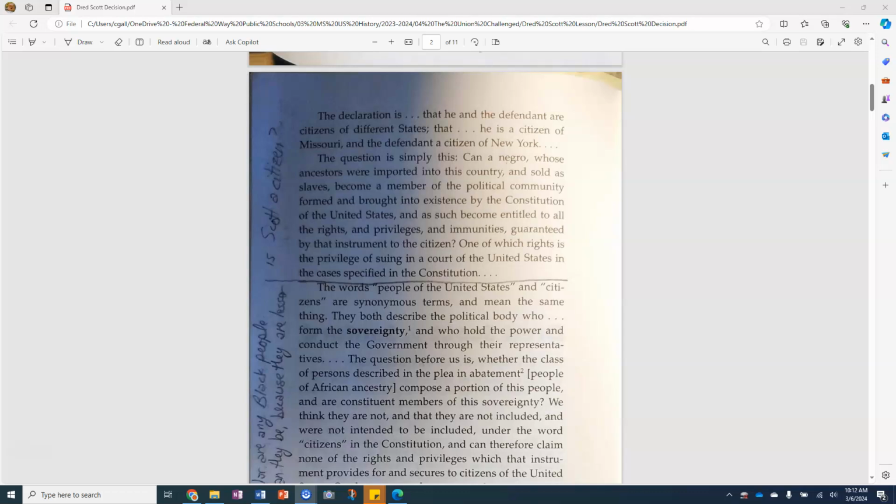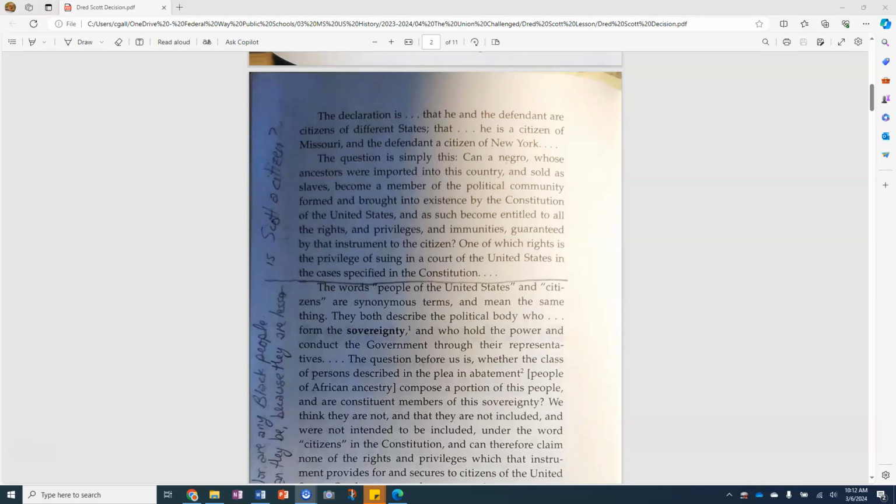So Scott is saying he is a citizen of Missouri, and that the defendant, Sanford, his owner, is a citizen of New York, right? So the question is this: can black people whose ancestors were imported and sold as slaves become a member of the political community? Can they become citizens, okay, of the political community of the United States? Okay.